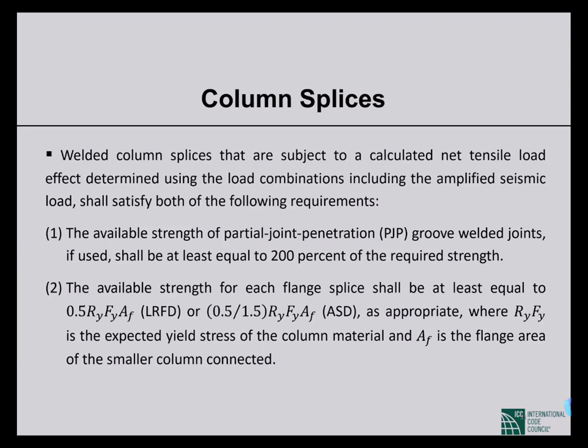So we are not giving any check on the column. We are giving a check on the splice. But for that, we have to understand what is the strength of the column. And when we are considering that, we are considering expected strength, not the usual design strength. We are magnifying the strength to consider the reserve strength because we want that reserve strength to work.